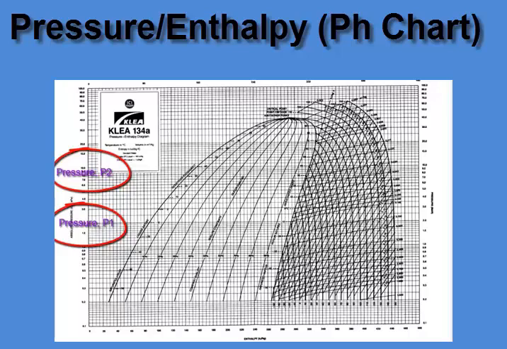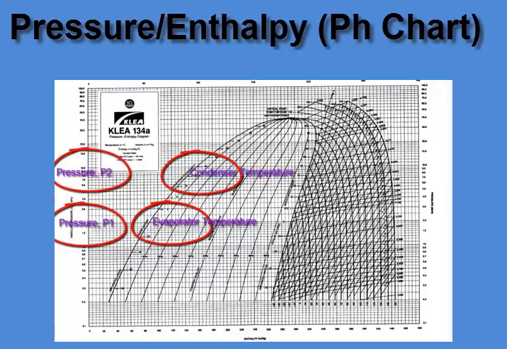One of the pressure gauges will tell you the low pressure in the system and the other one the high pressure. Now from the previous modules you will note that the low pressure side is for the evaporator and the high pressure side is for the condenser.